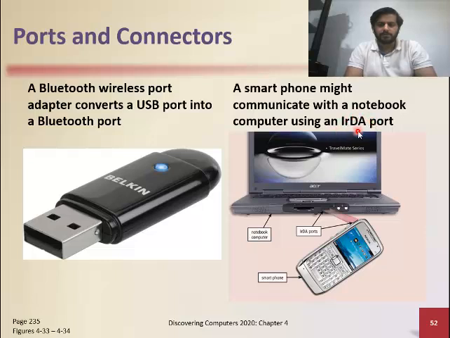It's also used to transmit data between devices, but it does not provide a very good speed, and it's not used nowadays. We are moving towards Bluetooth adapters, so this one is an older technology, and Bluetooth is the technology used nowadays.